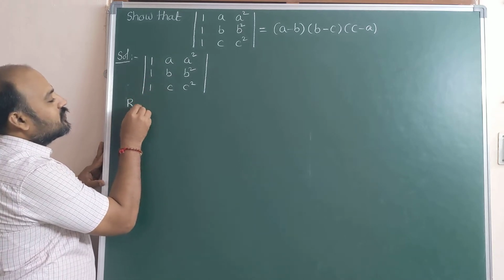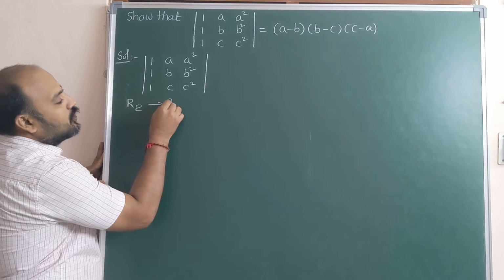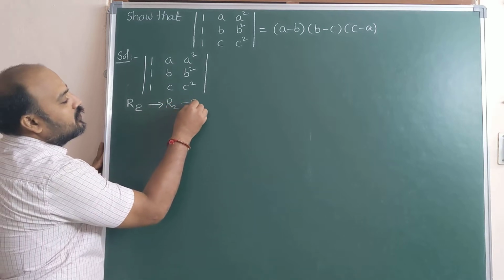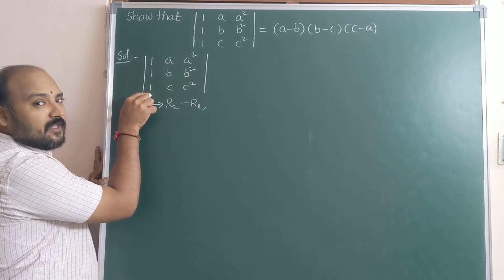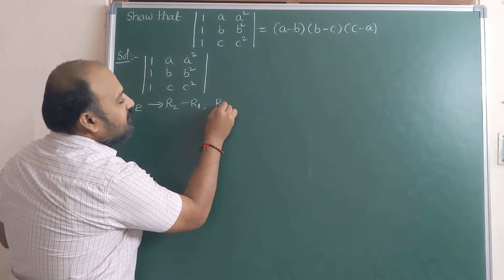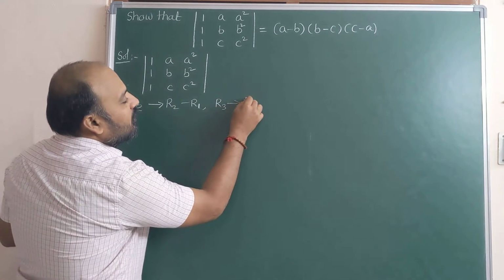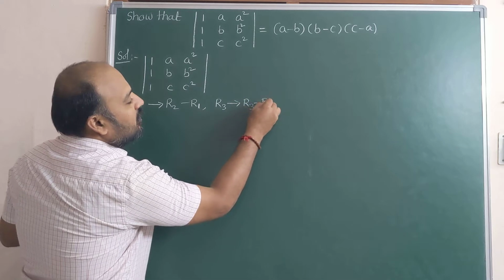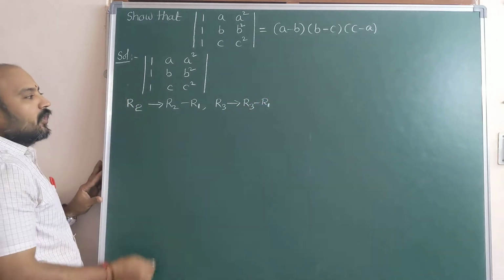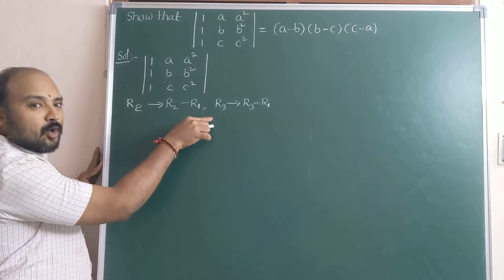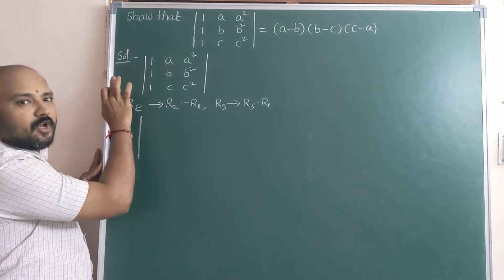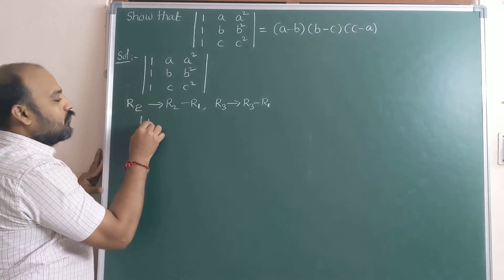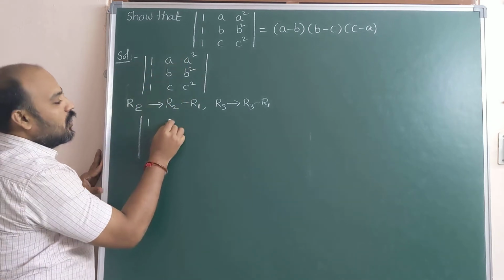So R2 tends to R2 minus R1, and R3 value also I want to make 0, so R3 tends to R3 minus R1. So after applying this operation, R1 we cannot disturb.